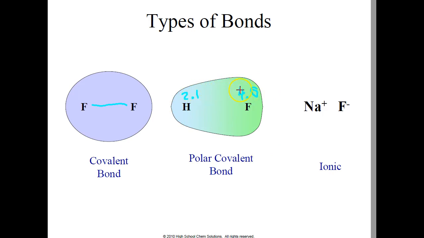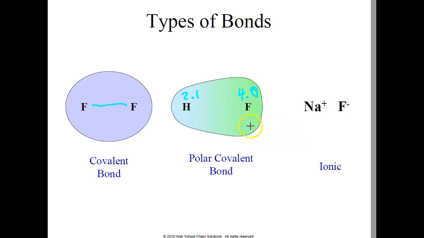And you see how this cloud represents the electrons, and it's kind of shifted over toward fluorine. You see it's darker and then lighter, if you can see that on your paper. It may not be as clear as it is on the screen. But what that's telling us is that the electrons spend most of their time around fluorine, because fluorine has a greater electronegativity.